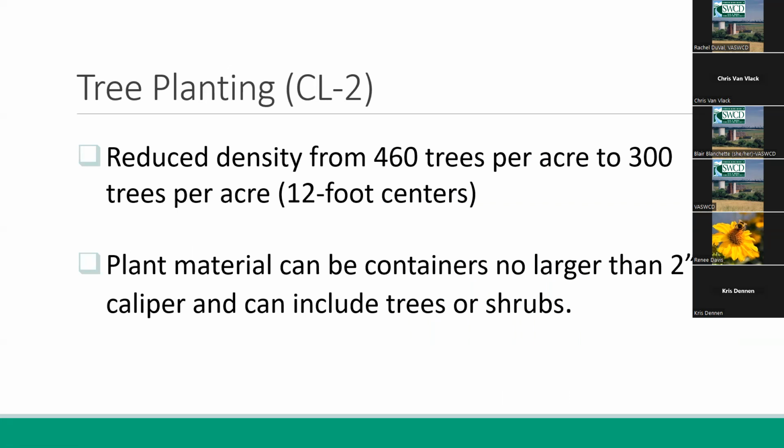Tree planting, CL2: the density has been reduced from 460 trees per acre to 300 trees per acre. This was at the recommendation of partner organizations, DOF and NRCS. We were seeing that this density was a little higher. So 300 trees per acre. And the plant material can now include, if you would like, trees or containers no larger than 2-inch calipers, and includes trees or shrubs.